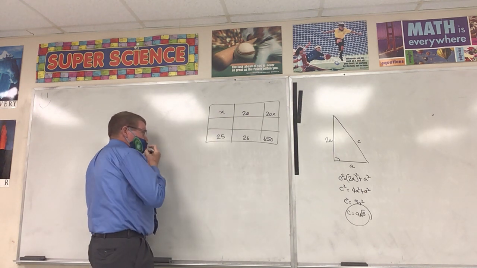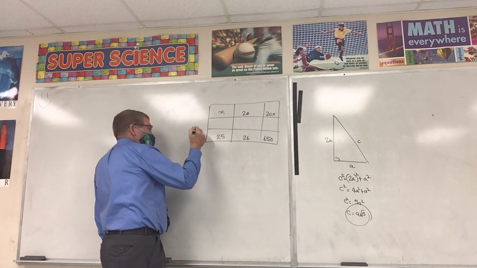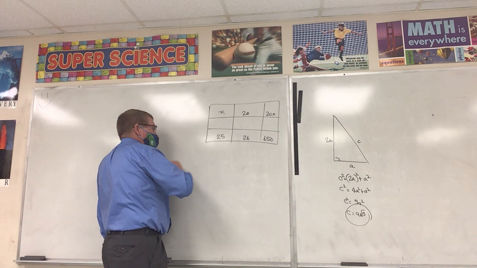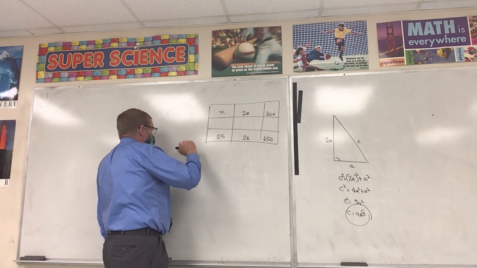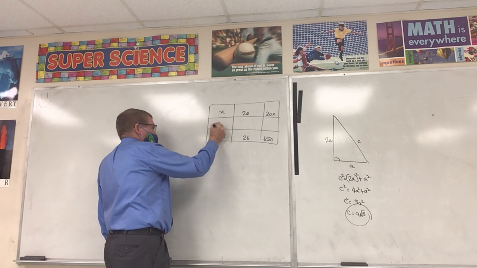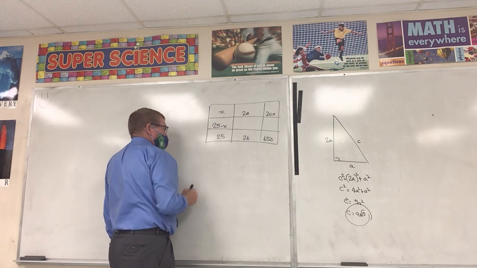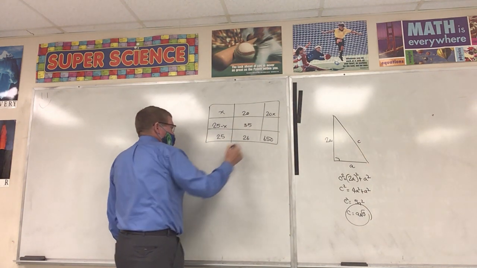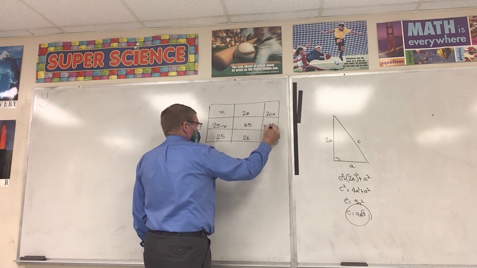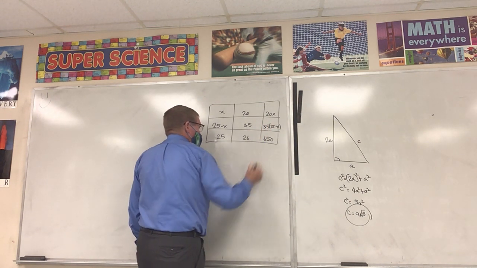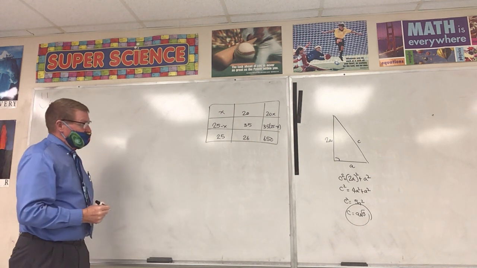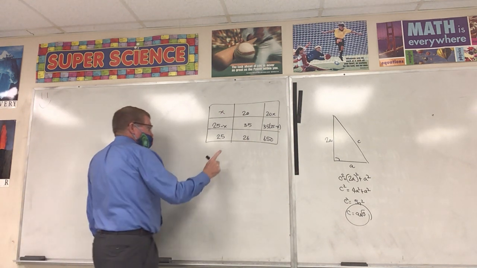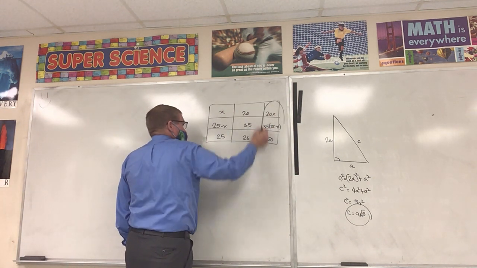What's in the middle left? 35. Wait, the middle left? Is it 100 minus x? 25 minus x. Correct. Here, 35. Here, 35 times 25 minus x. Alright, so we're gonna do what with these?